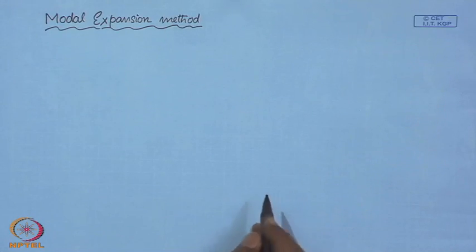We have discussed in a previous lecture how and why this modal expansion technique works. It is because the eigenfunctions of the eigenvalue problem of a system form a complete basis, which means any shape or any configuration of the system can be represented by these eigenfunctions. So, this is the basis of this modal expansion technique.